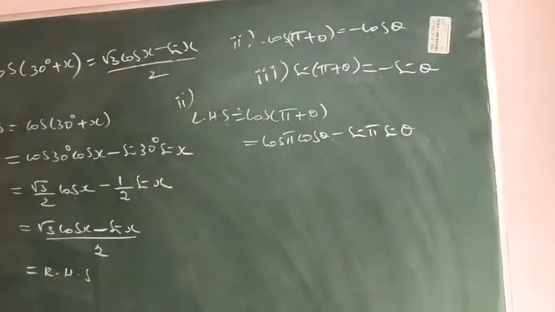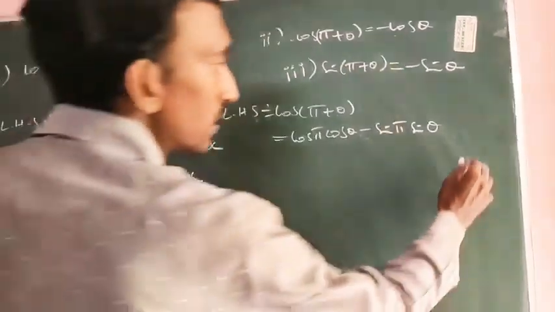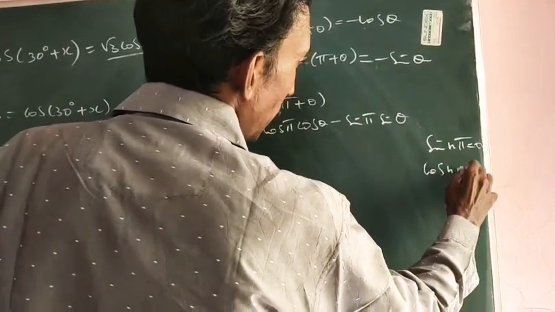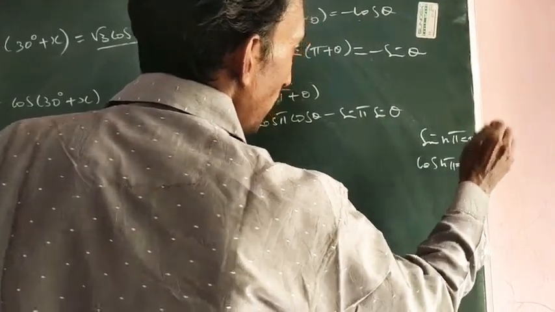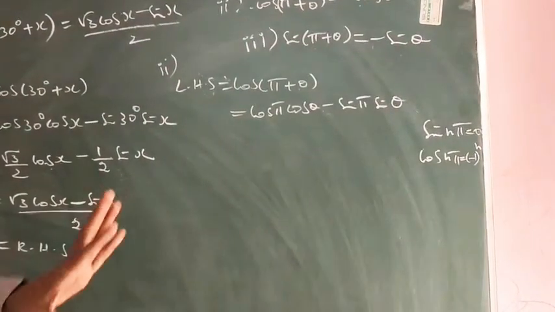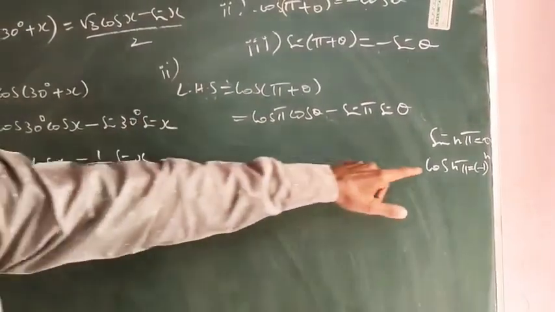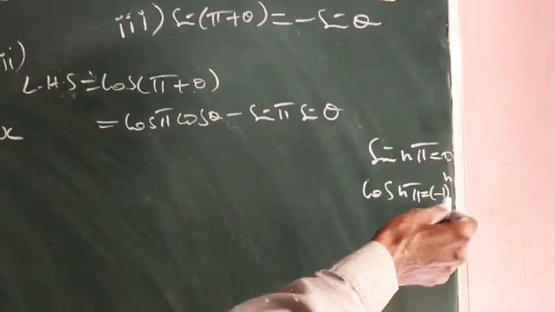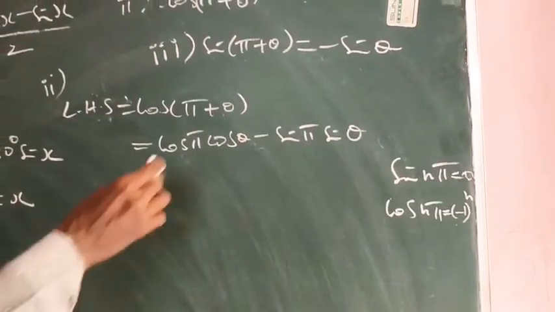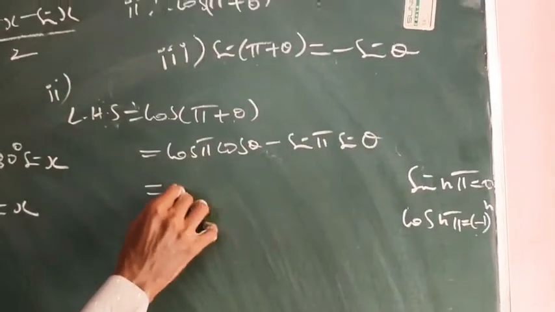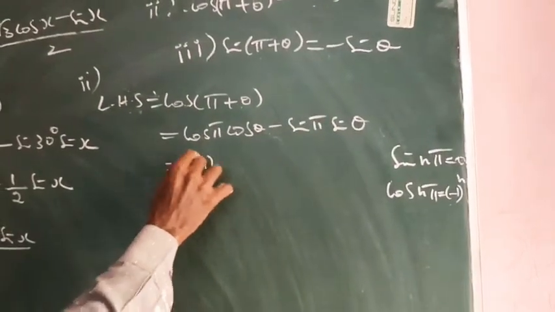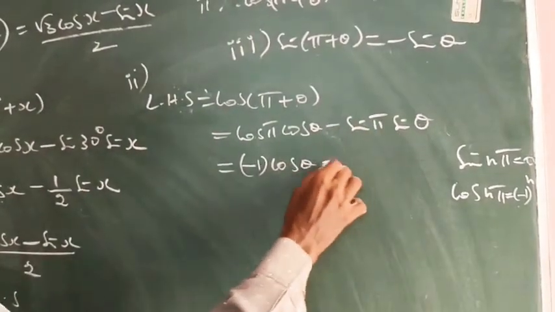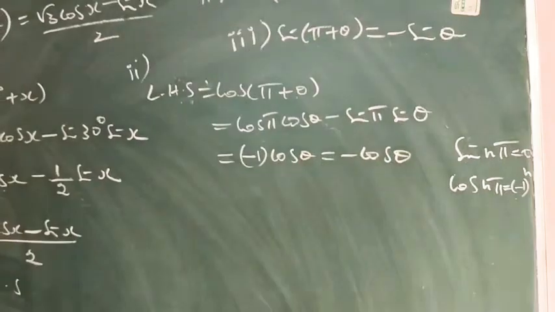Remember, my dear students, sin n pi is always 0 for all values of n, and cos n pi is minus 1 power n. If n is an odd number, it is minus 1; if n is an even number, it means plus 1. So here cos pi is minus 1, minus 1 into cos theta, and sin pi is 0, 0 into anything is 0. So we are getting minus cos theta.